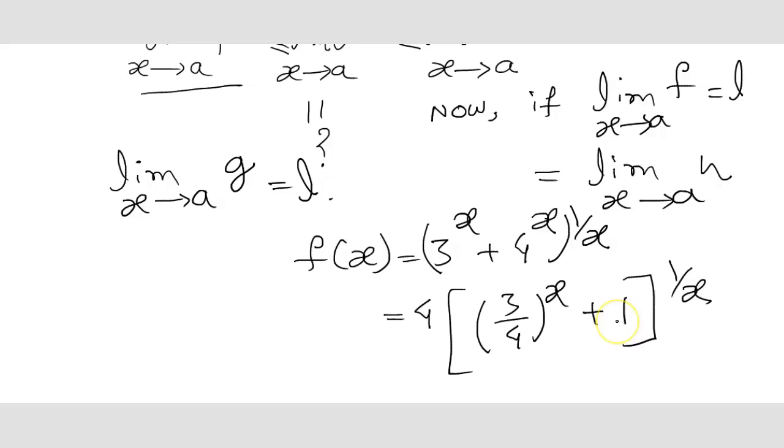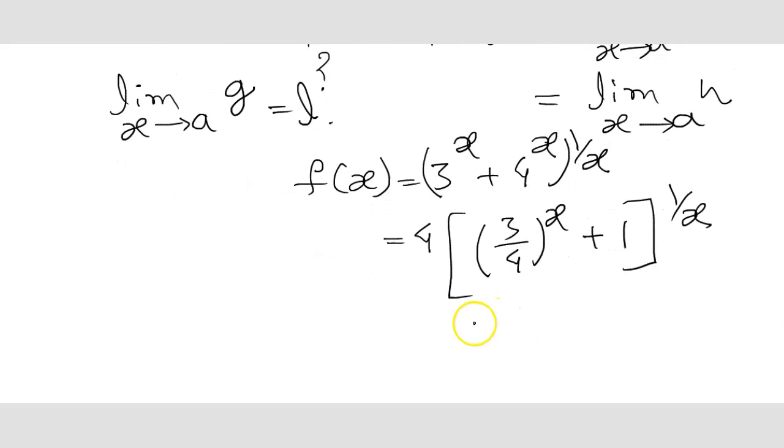See, we just take 4 to the power x common. Then it becomes (3 by 4) to the power x plus 1, and the 4 to the power x to the power 1 by x simply becomes 4. So this result will always be greater than 4, because this thing is always greater than 1, right? So this is one relation.